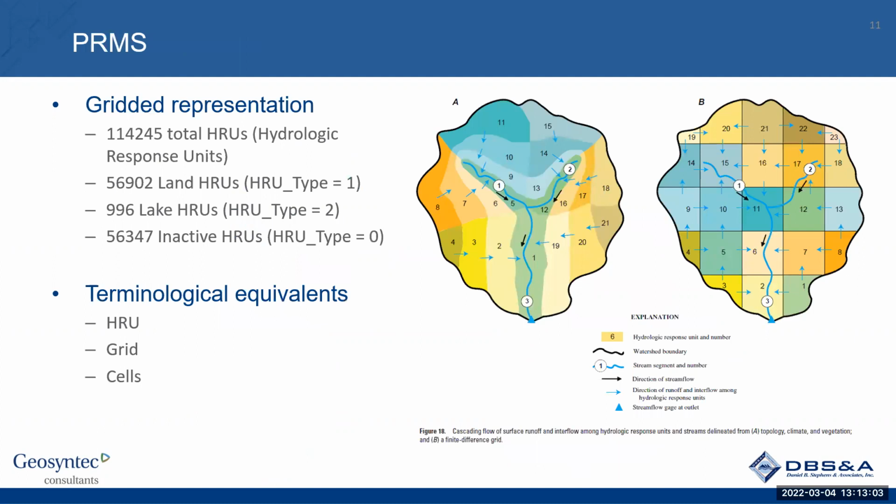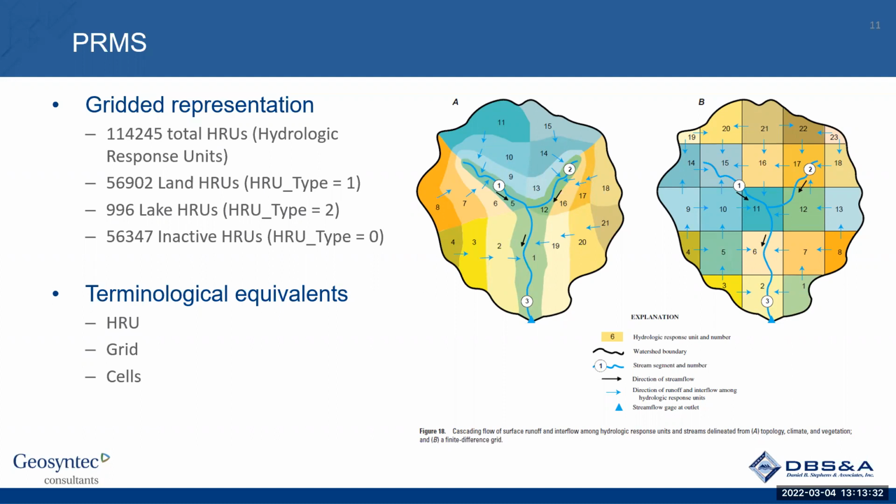So I think Al went over this on Monday, but the model grid is composed of about 114,245 total HRUs, which are hydrologic response units, and they are of three types. One are the land HRUs, which have the HRU type 1, and there's about 56,000 of those. The second one is the lake HRUs.